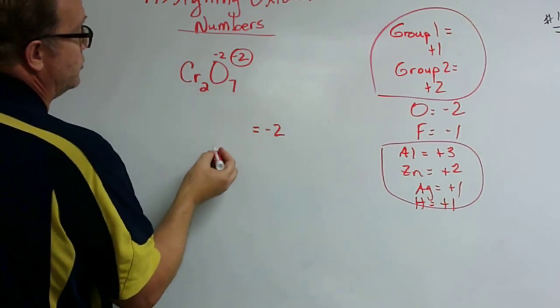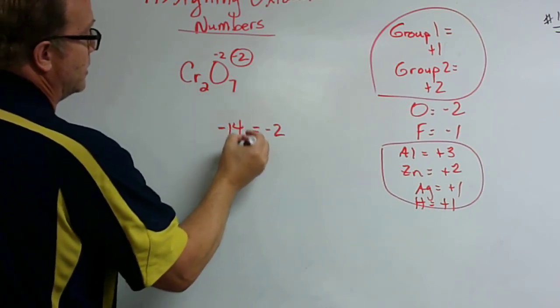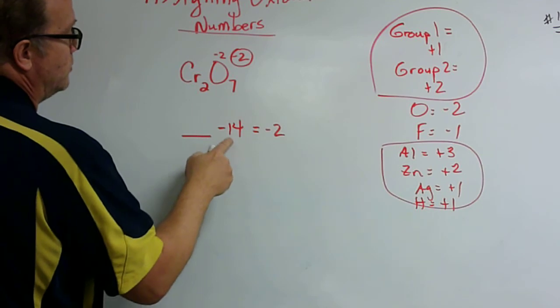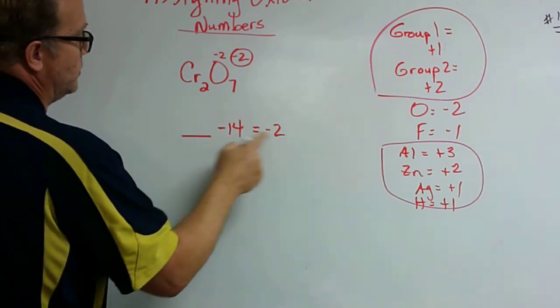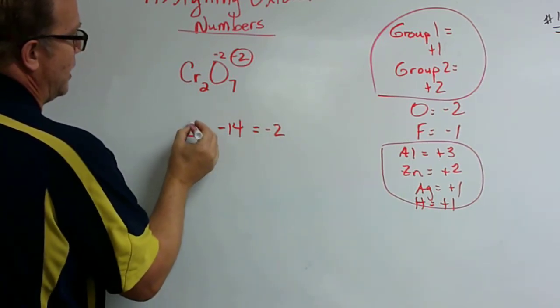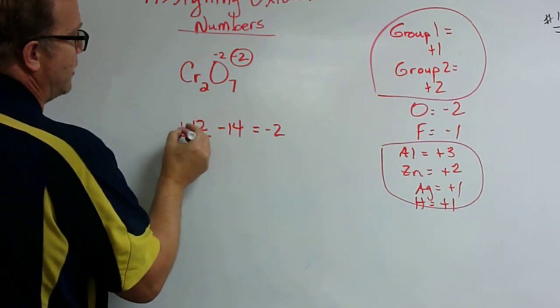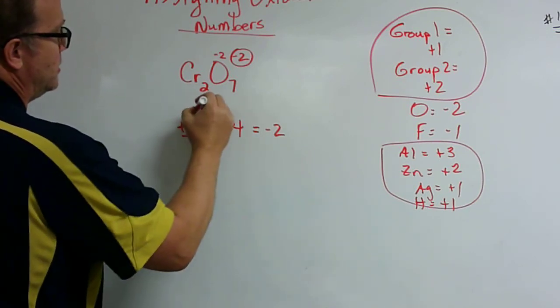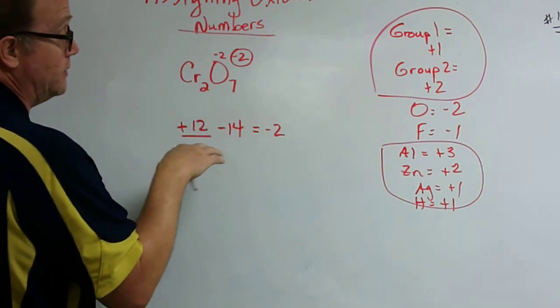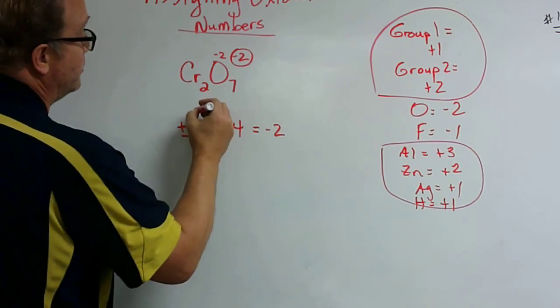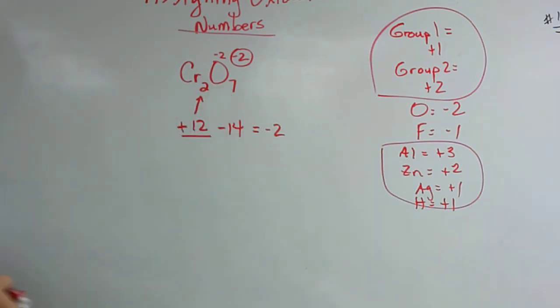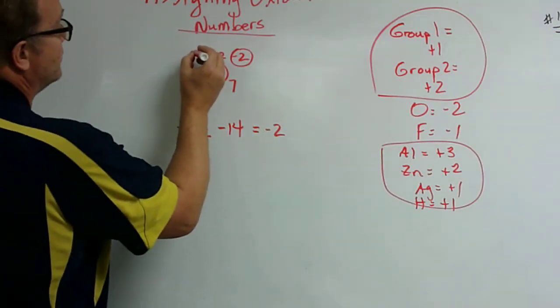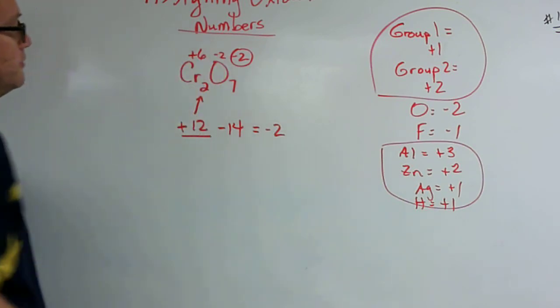So it's a negative 2 times 7, which is equal to a negative 14. We just have to look at the difference between these two numbers, which is going to be a 12. It has to be positive. Most cases, if you're finding these, they're going to be positive numbers. I have 2 of those with a positive 12 charge total. So the charge of each of these is going to be a positive 6 again.